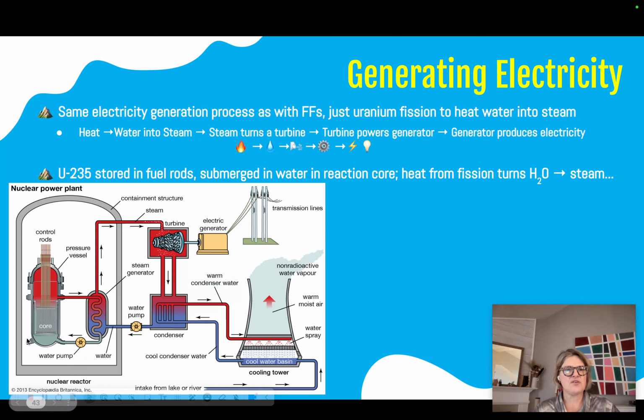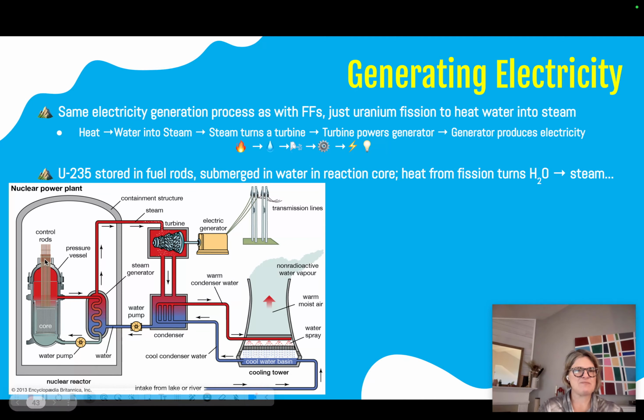So we see this is a nuclear reactor core, and this is the whole entire reactor here. In the core are these rods, and the rods are made out of uranium 235. I would not want to be the person that makes those uranium rods. That seems really dangerous to me.